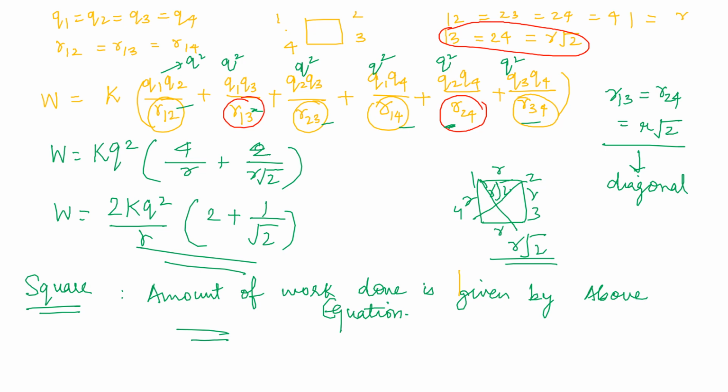Only up to the 4 charge system is in our textbook and syllabus. In today's class we have done 2 charges, 3 charges as well as 4 charges, and for 4 charges we have seen the common example of a square. This will help you further for your classes as well as your examination.